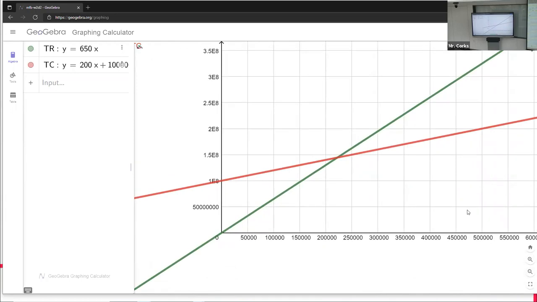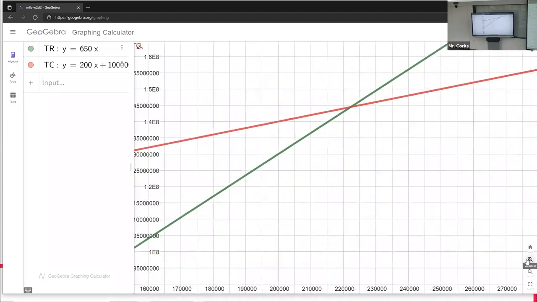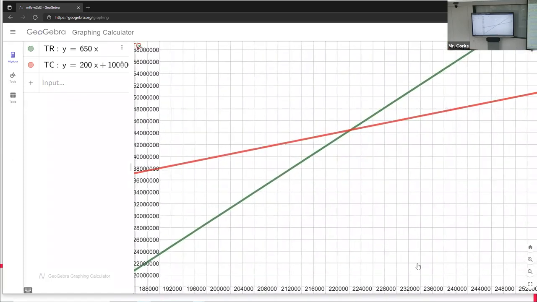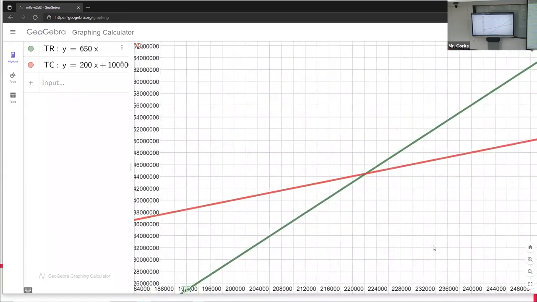So this point of intersection is the break-even point, because it's where, for this product, the company breaks even. If their Q, their quantity sold, is less than that point, and let's zoom in so we can see the number here. You can see on the bottom.